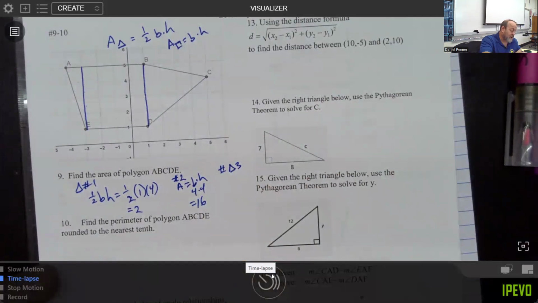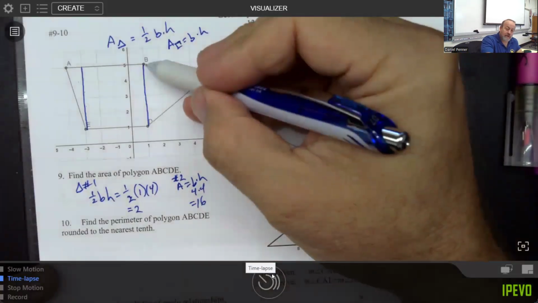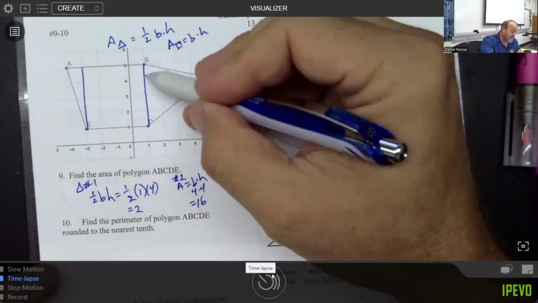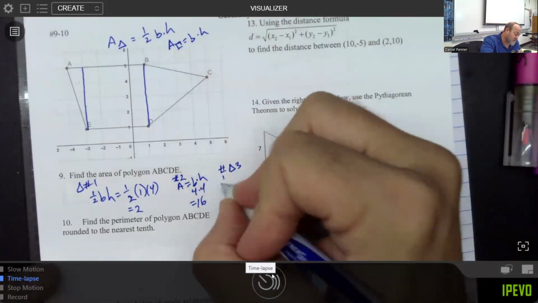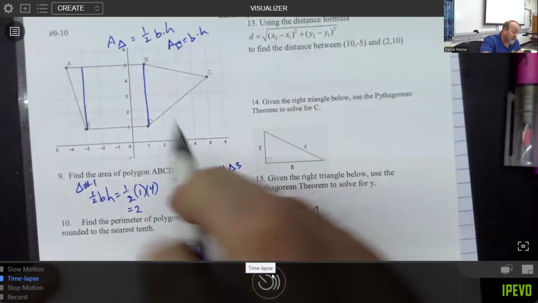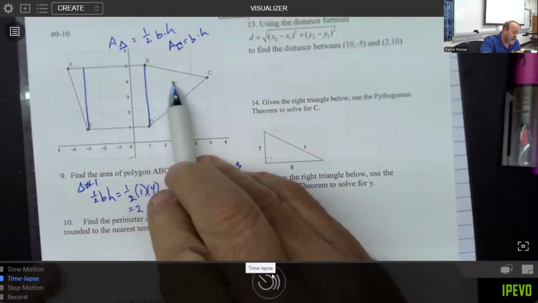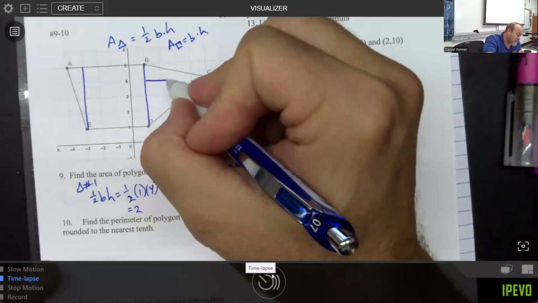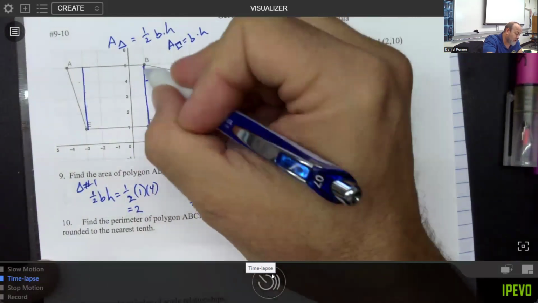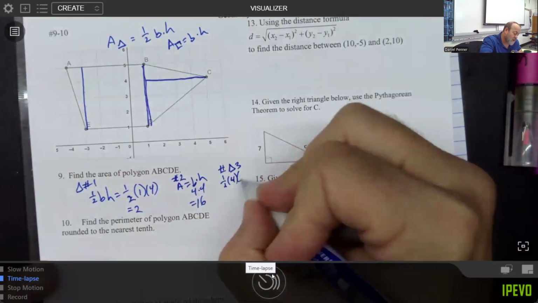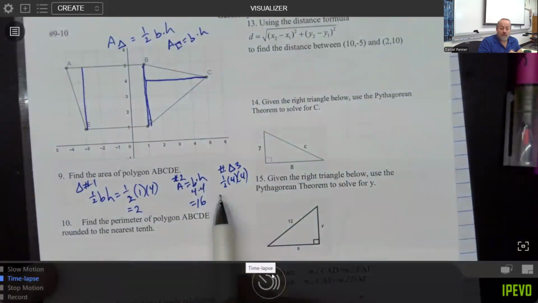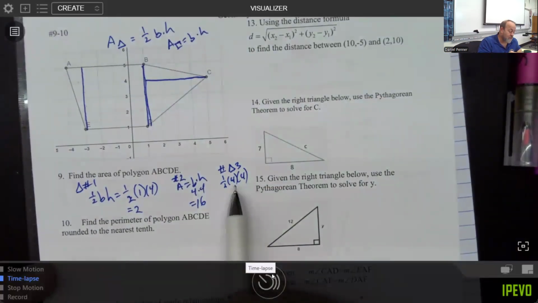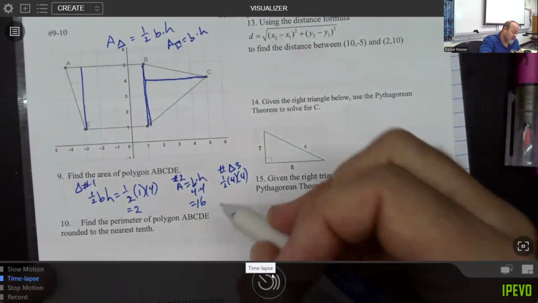Triangle number 3 over here. I'm going to call this the base, which is 1, 2, 3, 4. So again, 1/2 the base, which is 4, and its height is 1, 2, 3, 4, right there. It might even help if I drew a line right there so you could see that the base is 4 and its height is also 4. 1/2 of 4 times 4: 4 times 4 is 16, and half of that is 8.